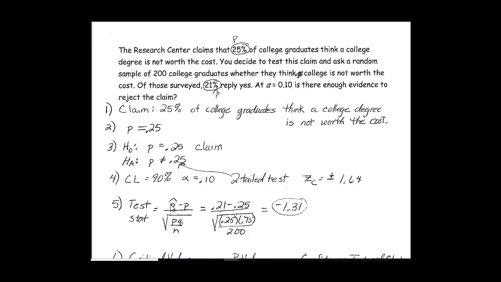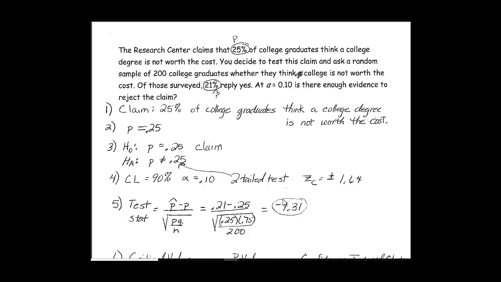Remember, that's our p-hat, and that came from here. 0.21 minus 0.25 over the square root of P and Q, and these are P and Q from the population. Notice there's no hats right here. So this is from the population, over the sample size. This is really the mix of information that we have here. We come up with a test statistic of negative 1.31.